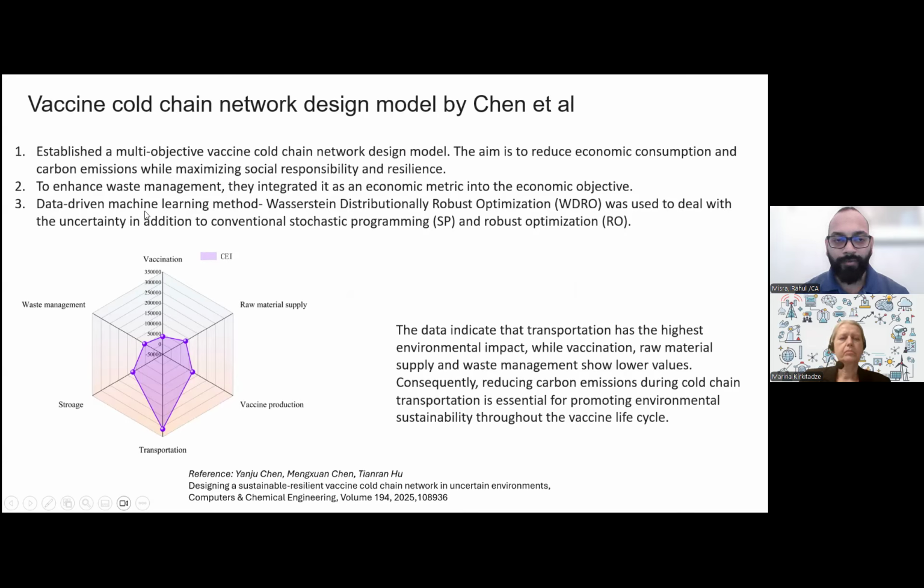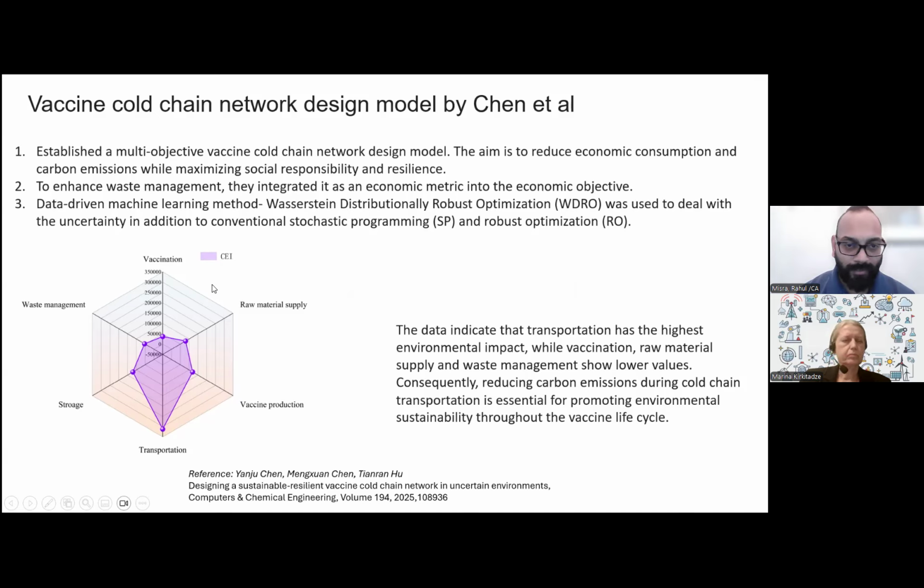And a data-driven machine learning method, which they call WDRO, the Wasserstein distributionally robust optimization method, was used. This is a method which accounts for uncertainty in addition to conventional stochastic programming and robust optimization. Based on this model, they came up with the CEI factor.